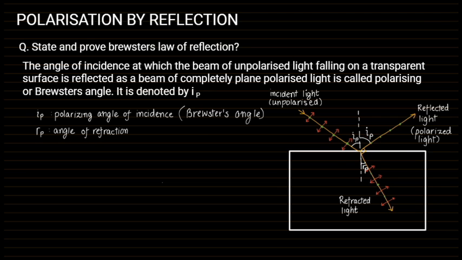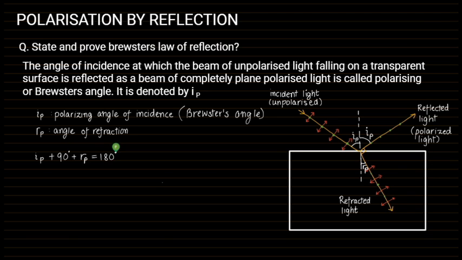Since this is a straight line, the total angle should be 180 degrees. So IP plus this angle 90 degrees plus this angle RP should be 180 degrees.